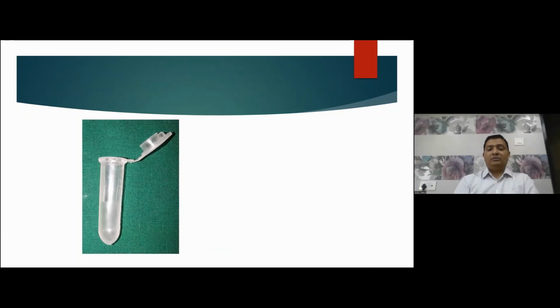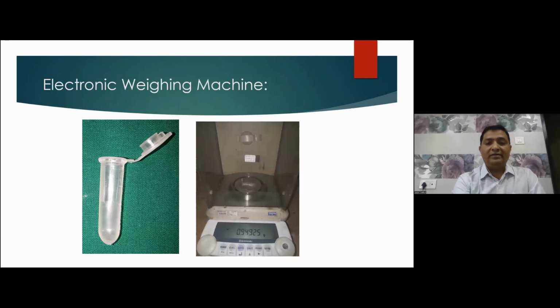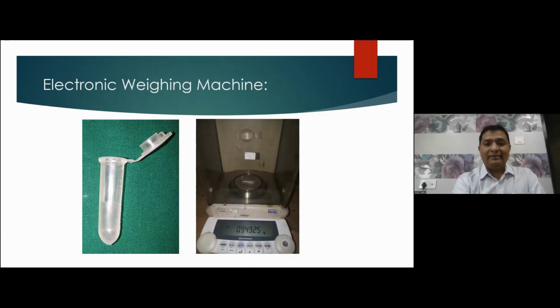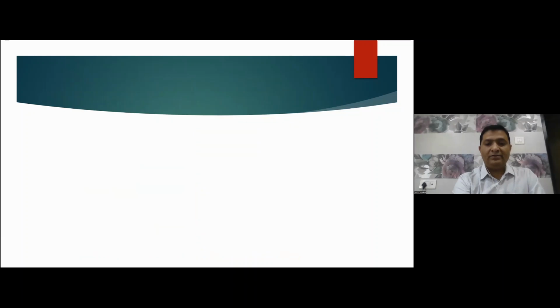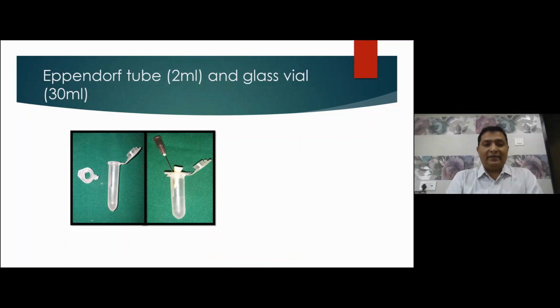An Eppendorf tube was used to collect the extruded debris, irrigating solution and microorganisms, and it was weighed on a precise microbalance scale and recorded. Another lid from another Eppendorf tube was obtained to mount the tooth.